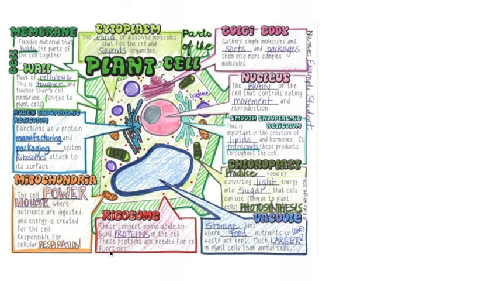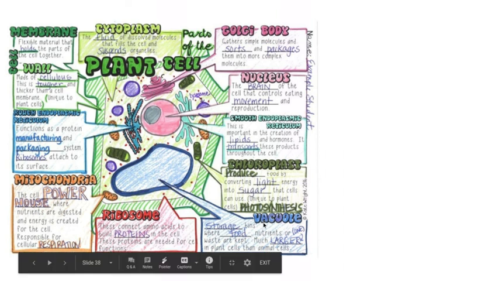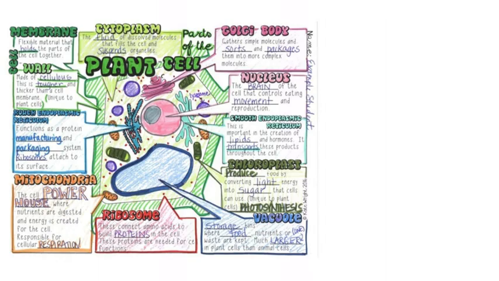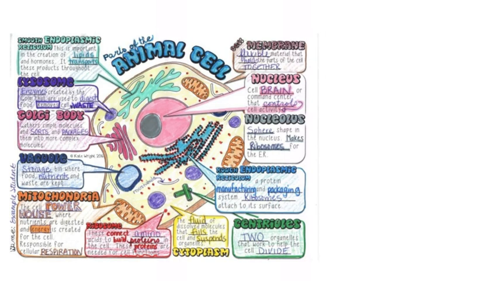My vacuole, since it stores things like food and water, is blue, and I used a similar matching color on the vacuole picture here. And then my animal cell is finished as well, also with matching colors.